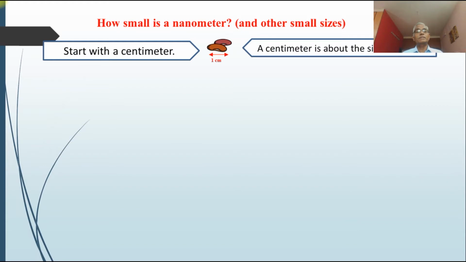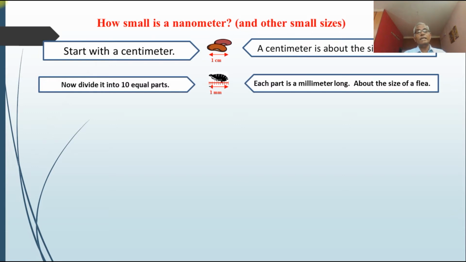We can start with the centimeter. A centimeter is about the size of a normal bean. Now we can divide that bean into 10 equal parts. So each part is a millimeter, about the size of a flea.